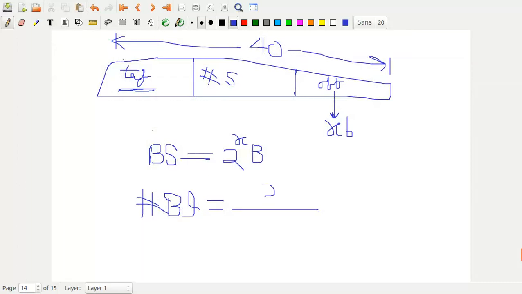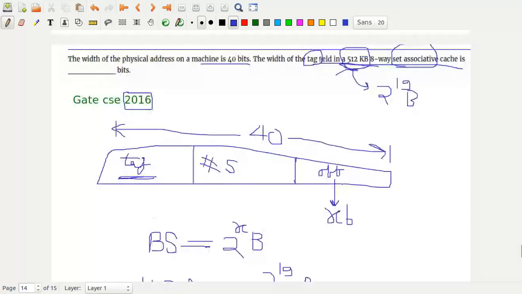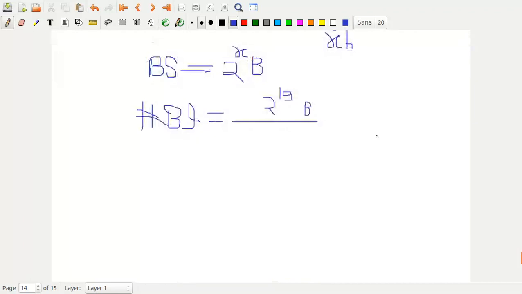What is size of cache? 2 power 19 bytes. It is given 2 power 19 bytes divided by block size 2 power x bytes. So we have 2 power 19 minus x. This is number of blocks.